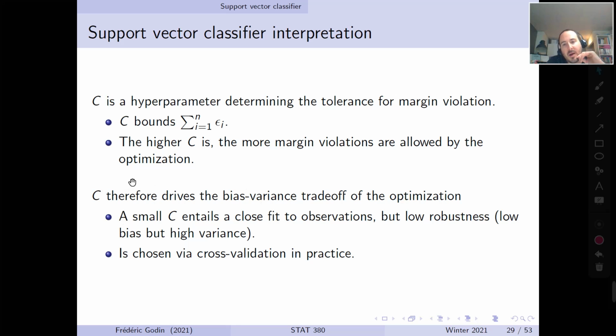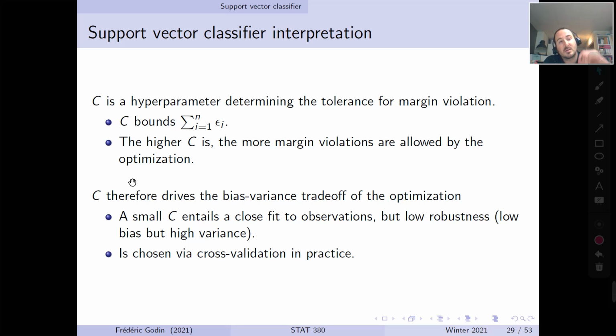Okay, so when C is very small, you have a very good fit to the training data because you don't misclassify any observation. But the idea here is, we're going to see shortly that your optimal hyperplane depends on a very low number of support vectors, and depending on very few observations means low robustness, because if you slightly change these observations, you might get a totally different hyperplane.